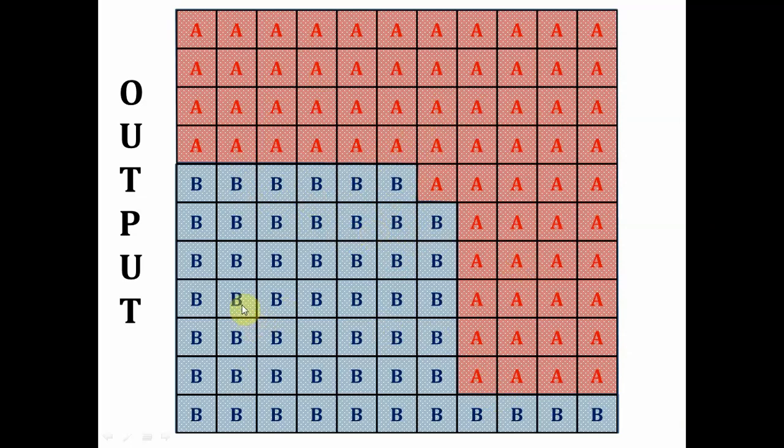Now if you compare all the pixel values of the B region, they satisfy the condition for seed pixel 1, and all the pixel values in the A region satisfy the condition for seed pixel 5. So you can say all the pixel values in region A are related to seed value 5, and all the intensity values in region B are related to seed pixel value 1.